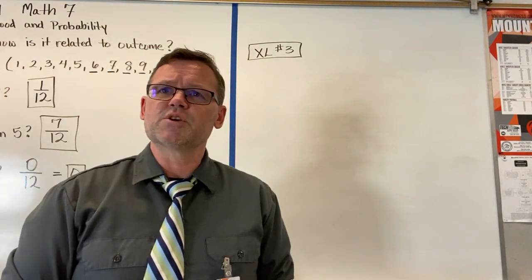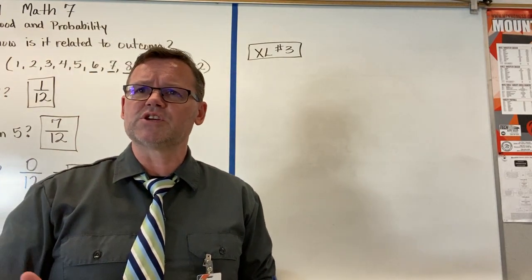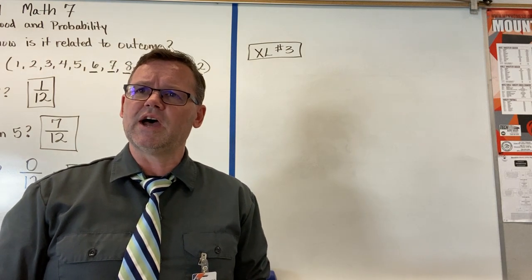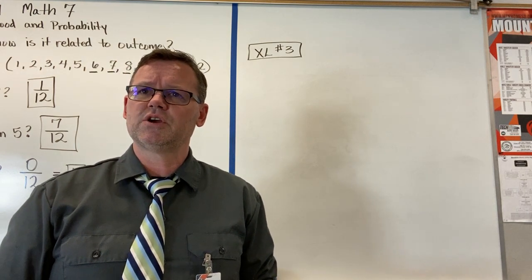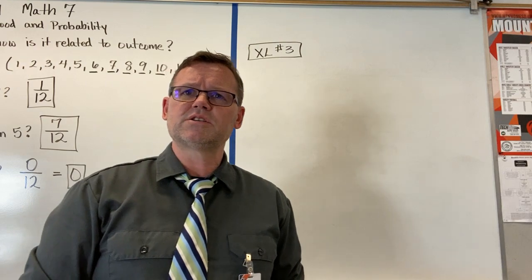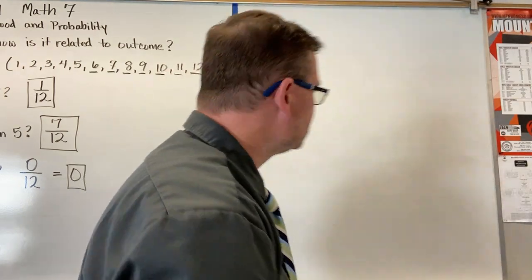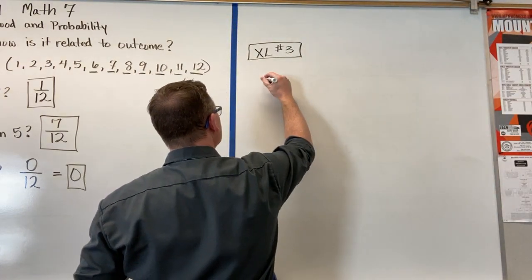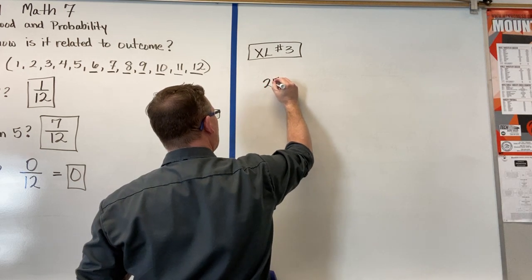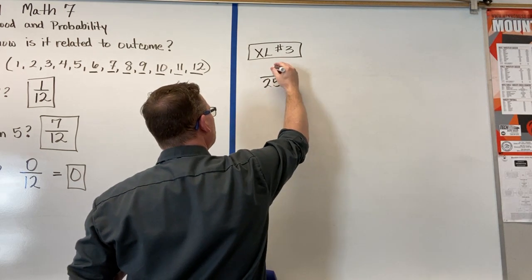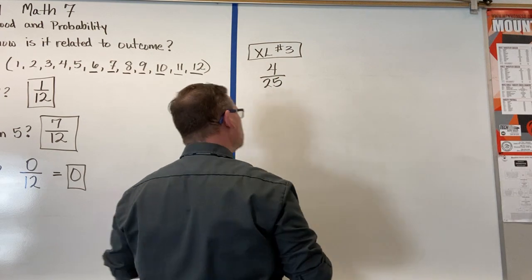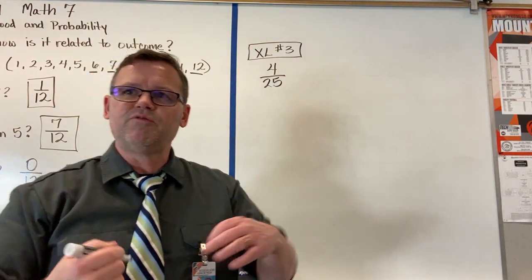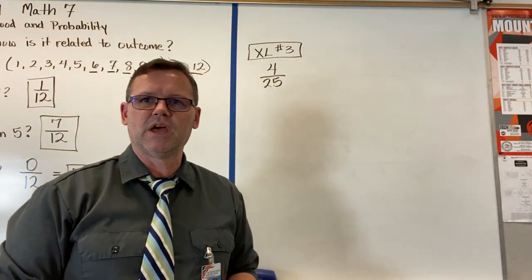It says, suppose you have a bag with 25 letter tiles in it, and 4 of the tiles are the letter H. If you pick a letter tile, so in other words, 25 letters, that's our total amount of outcomes in the bag. 4 of them are H. In other words, it has a probability of 4 out of 25, okay?